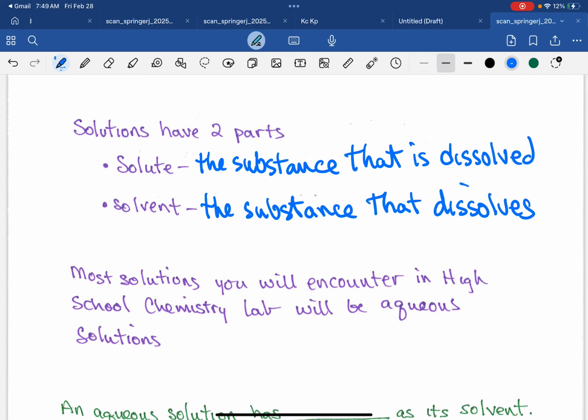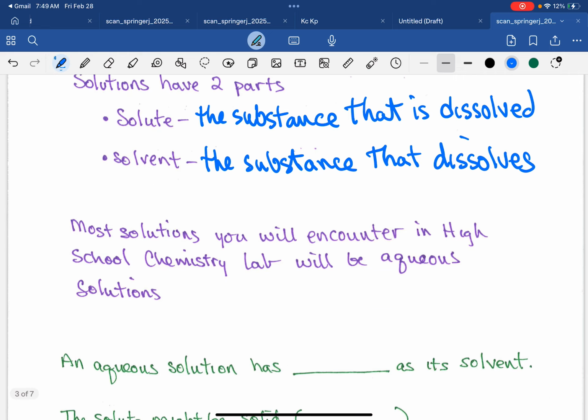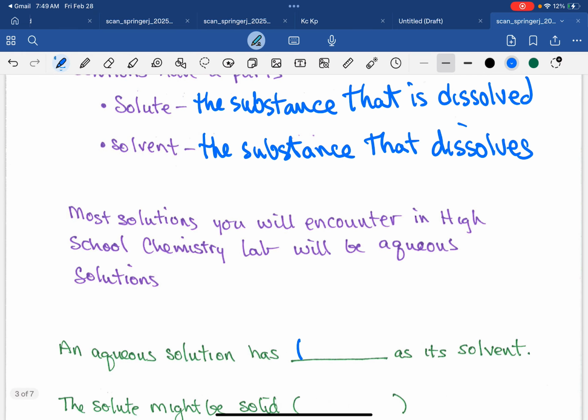And most of the solutions that you're going to encounter in high school chemistry labs will be aqueous. I'm never sure how to pronounce that. An aqueous solution has water as its solvent.